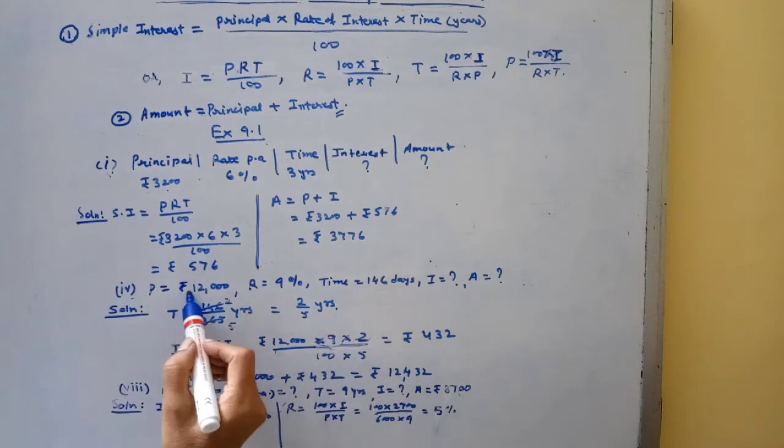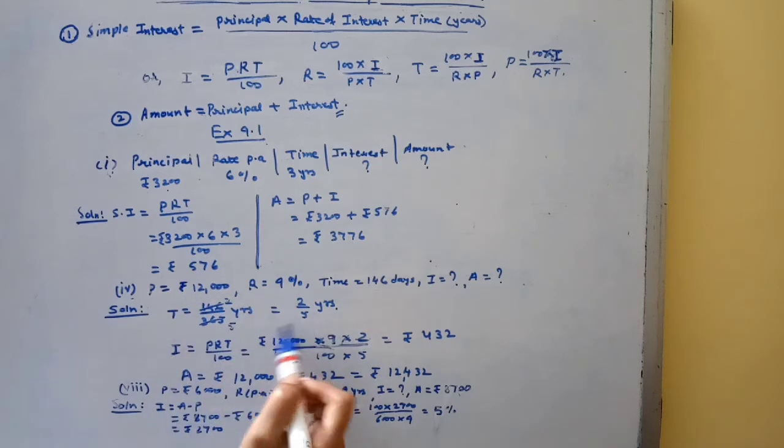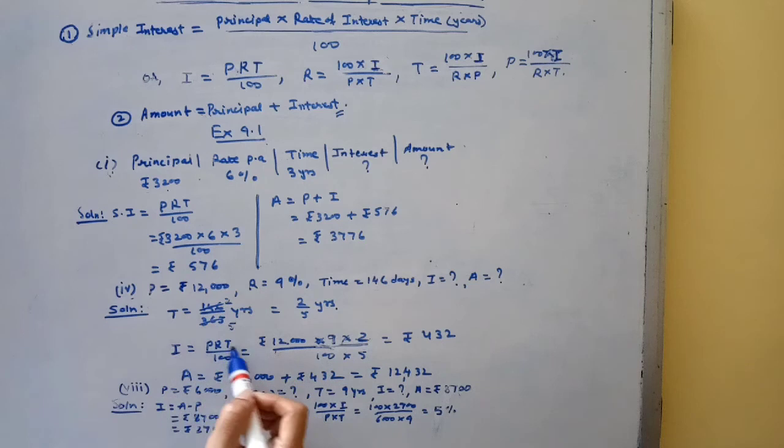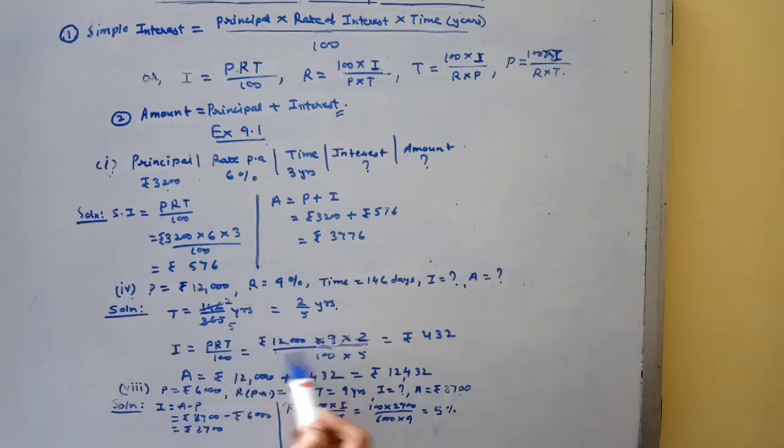Now we put the values in the formula, I is equal to PRT by 100. Principal is rupees 12,000, rate is 9% and time is 2/5, divided by 100. We will get the interest, rupees 432. Now find the amount, that is principal plus interest: rupees 12,000 plus rupees 432, that is rupees 12,432.